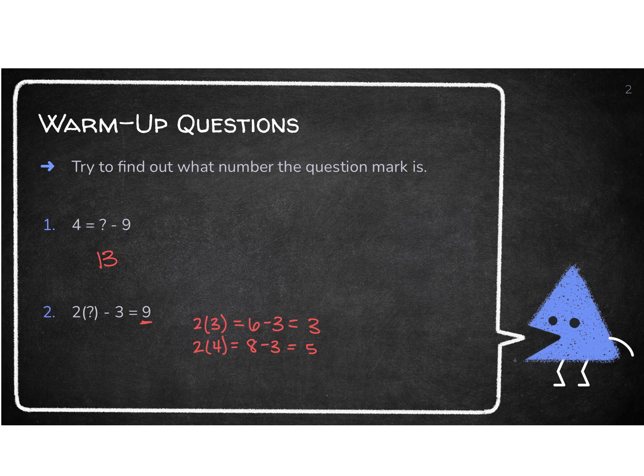Okay, so I could keep trying. I know then that 2 times 6 is 12, minus 3 gives me 9. That's what I want. So I know that in this situation, the question mark would equal 6. I would plug 6 into there to get what I need.